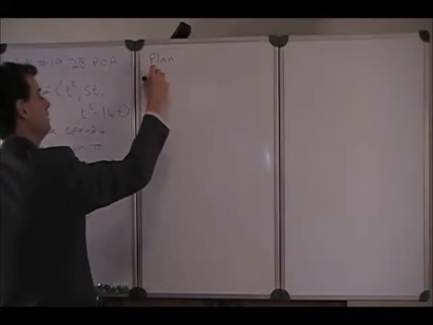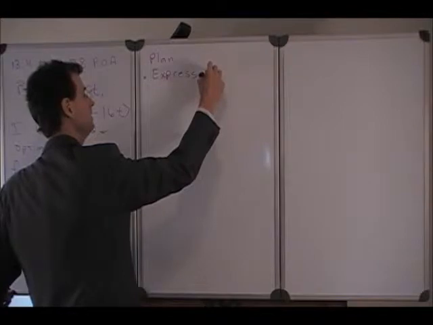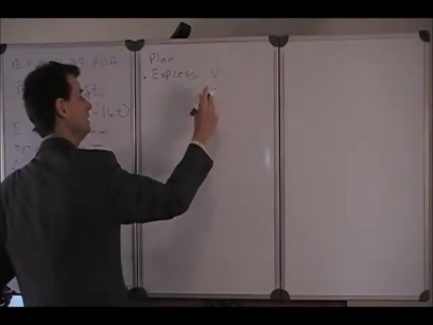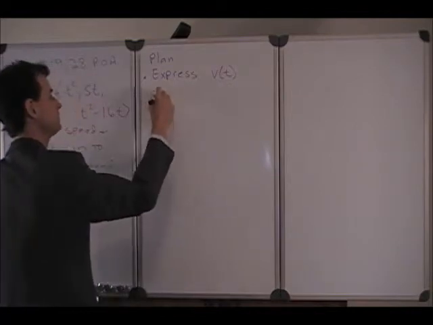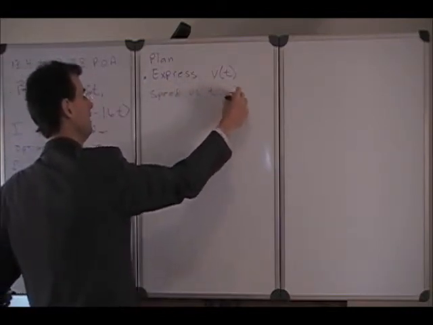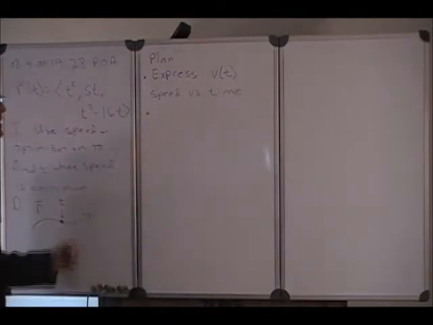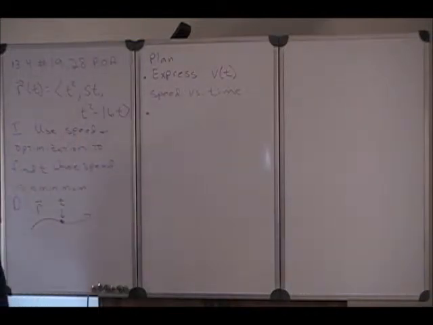So we want to express speed, and let's just call it the scalar v, as a function of time. And we do that, of course, by taking the time derivative of the position function, and that gives us the velocity vector function, and then we compute the magnitude of the velocity vector function.